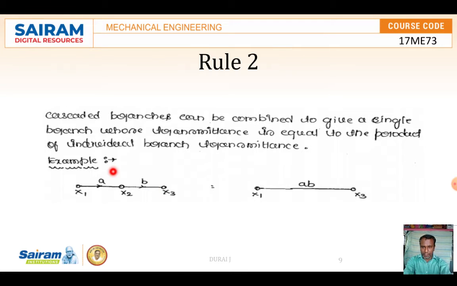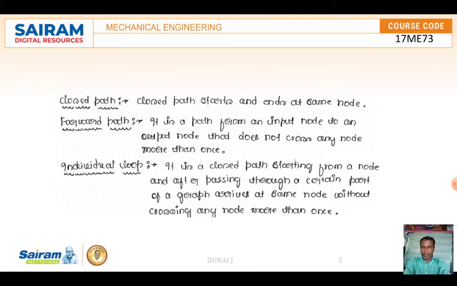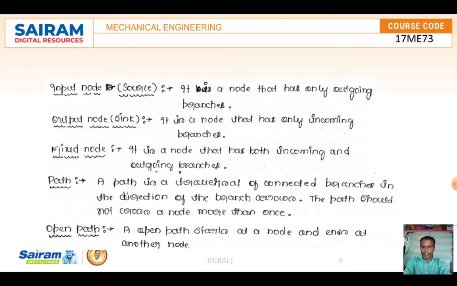So that is called a mixed node. Input node: only outgoing branches. Output node: incoming branches. Mixed node: both incoming as well as outgoing branches.